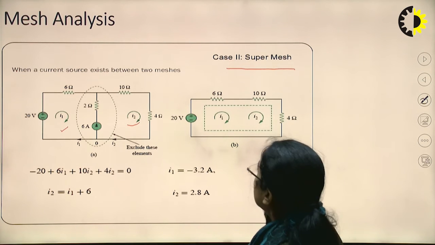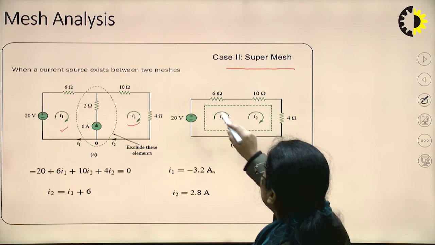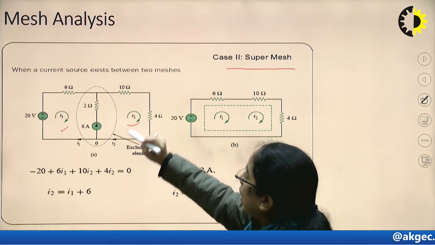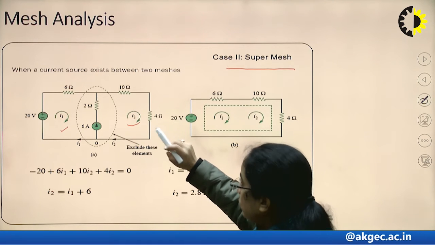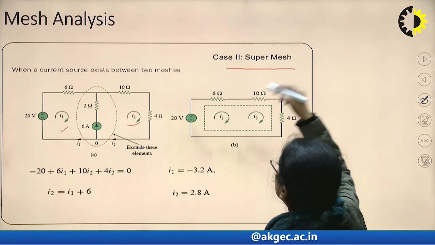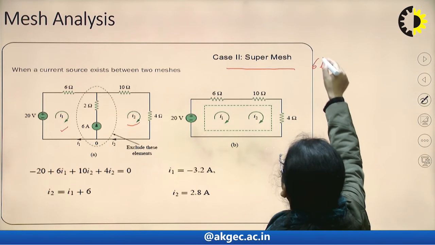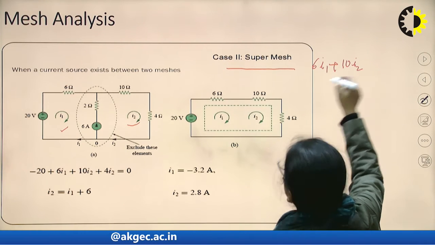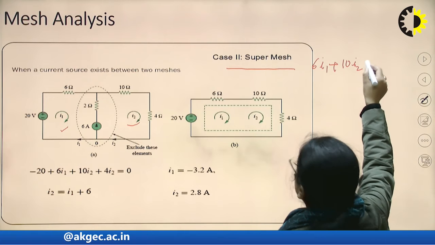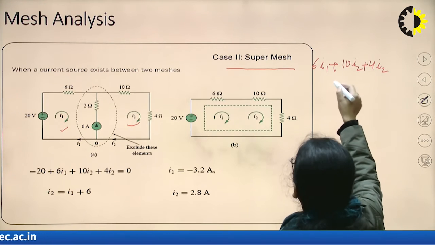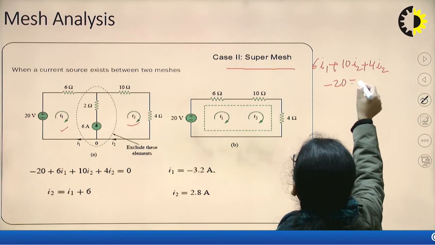So if we write the KVL equation, it will be 6 I1 plus 10 I2, plus 4 I2, minus 20 equal to 0.